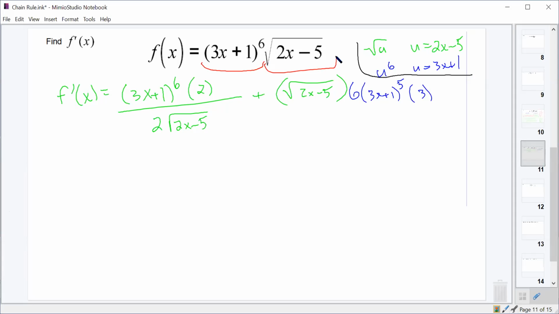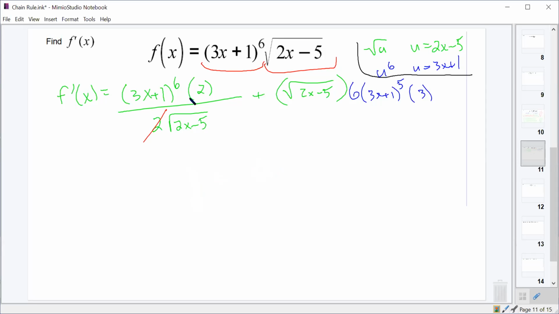And then within it, you can use the chain rule. But there's no way to write this function as y equals something simple like u to the 6th or the square root of u, right? Because there's too much going on in here to write it as a single composition of functions. Does that make sense? Yeah. Cool.